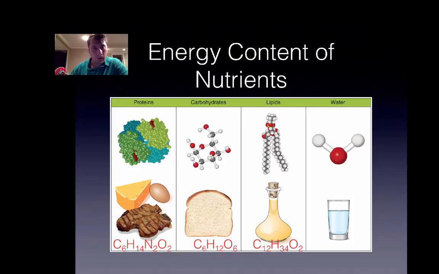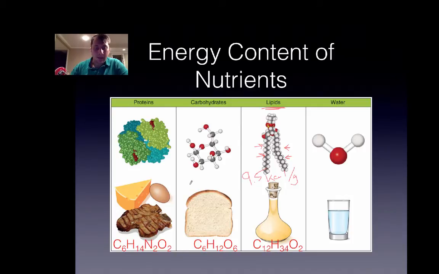Now these are all going to have different amounts of energy, and so lipids are the most energy dense, and they'll give you around 9.5 kilocalories per gram. Anytime you see a lot of this carbon and hydrogen, these long fatty acid chains, there's a lot of energy embedded within them.